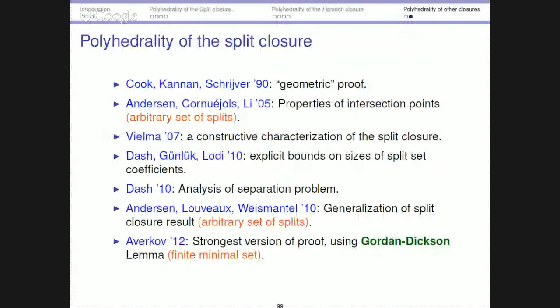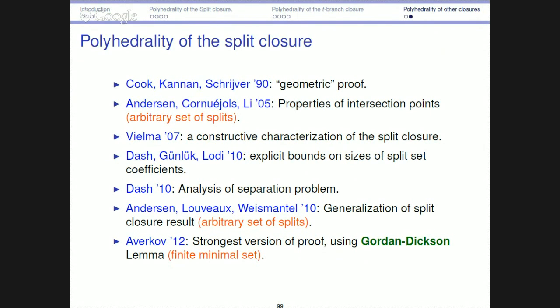Polarity results, I tell you again, split closure was proven by a lot of people. Let me just tell you a little bit of history. The original proof just proved polyhedrality. Secondly, like 15 years later, Andersen, Cornuéjols, and Li proved that it's true also for an arbitrary set of splits.